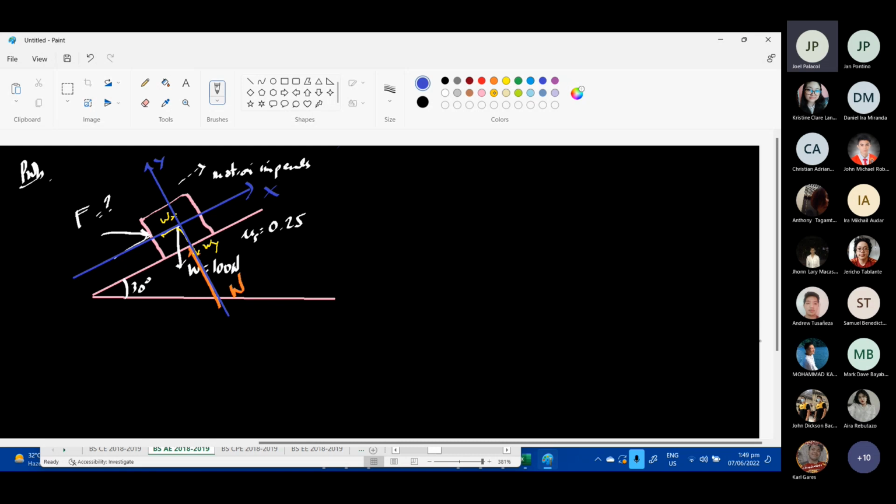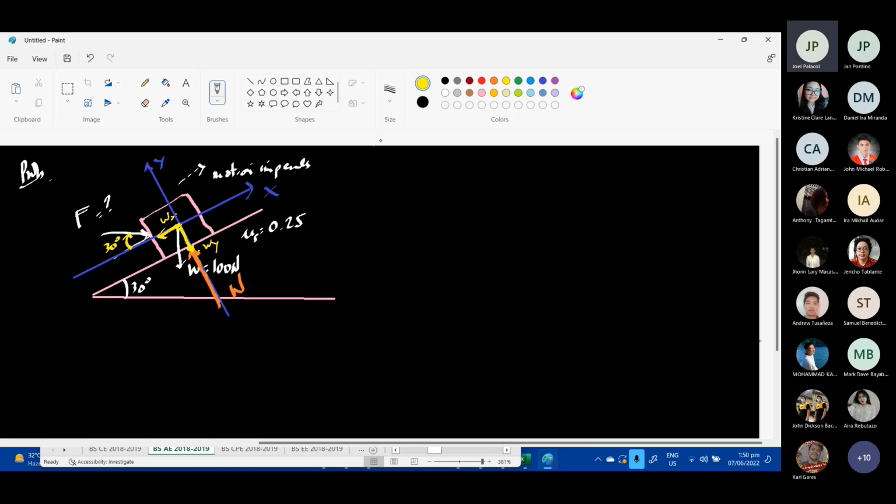So you have a normal force. Where is that? This is your normal force. You have the y component of the weight and the x component as well. By the way, what is this angle? This is also equal to 30 degrees.